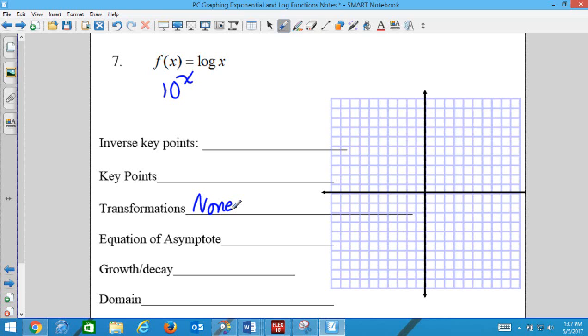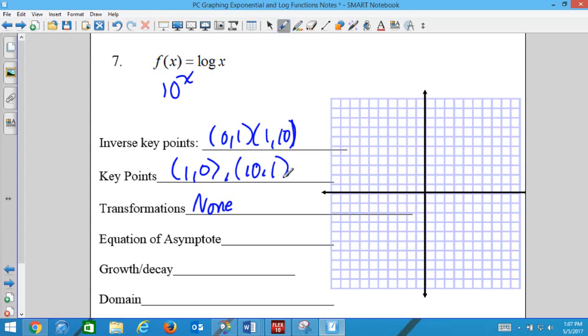All right, so our inverse key points are (0, 1), (1, 10). So our log key points will be just (1, 0), (10, 1). We just switch them. We didn't talk about the asymptote except for that very opening example.